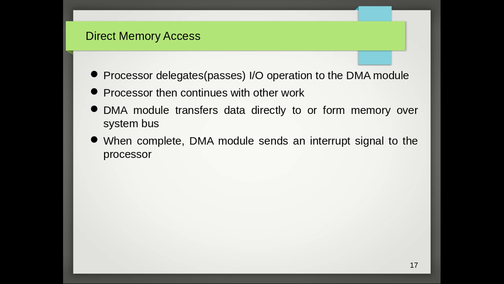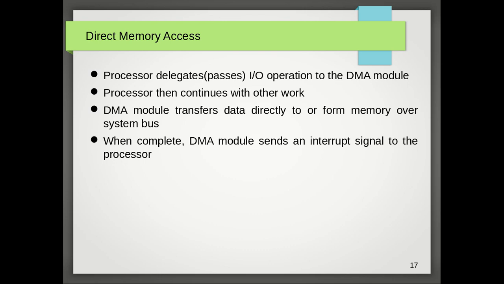Whatever I/O operations the processor wants to do, instead of doing them itself, it gives control to the DMA module, so that the processor can continue other, more important work like processor scheduling or checking deadlock, rather than waiting for input and output operations. Hence it passes control to the DMA module.